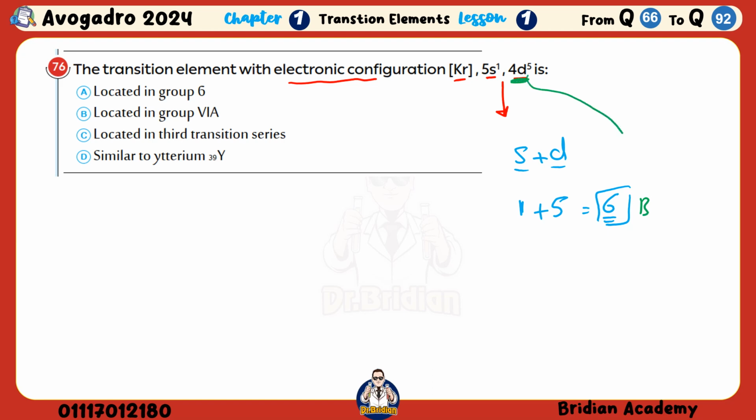So this is located in group 6B, and that is achieved in choice number A.